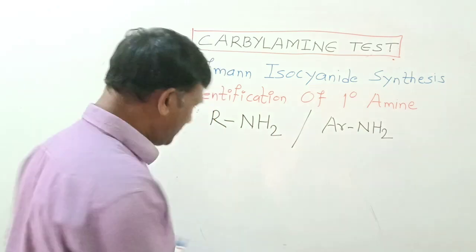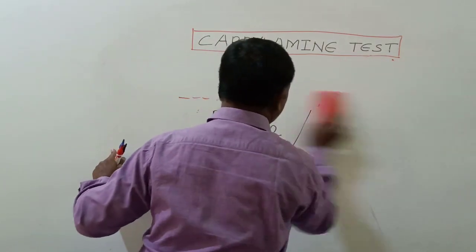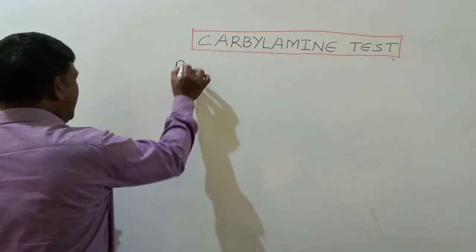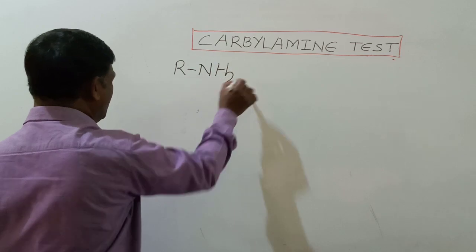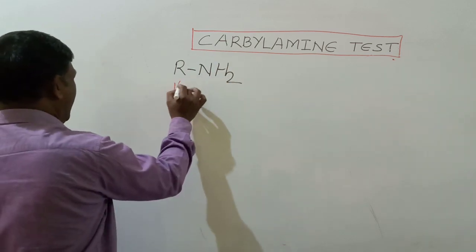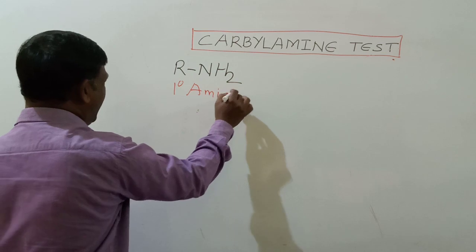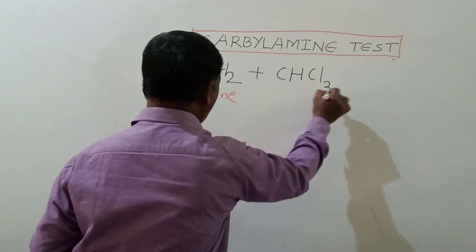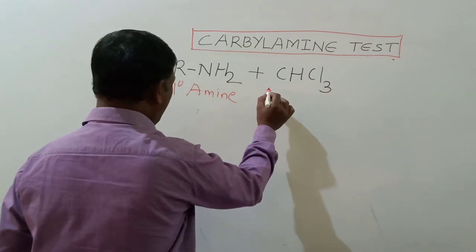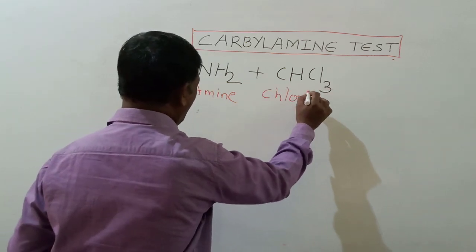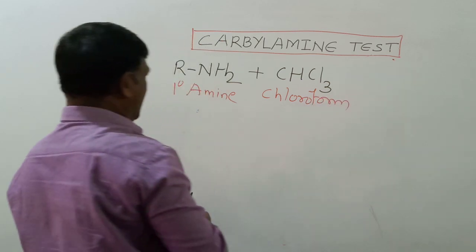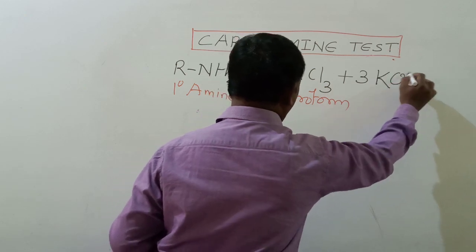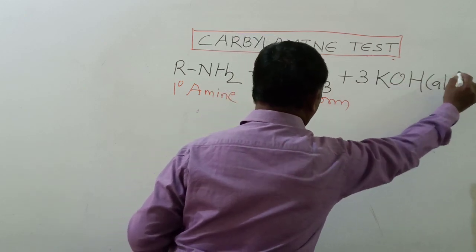Look at the general reaction. In the general reaction, the starting material is RNH2, which is called a primary amine, which reacts with CHCl3, a very popular compound known as chloroform. The reaction takes place with 3 moles of alcoholic potassium hydroxide.